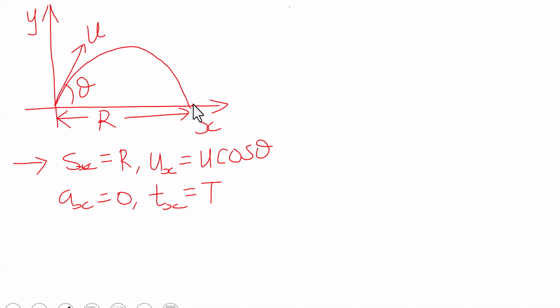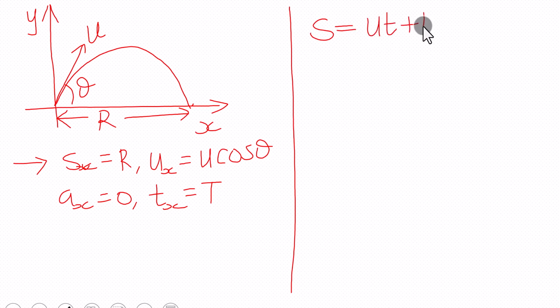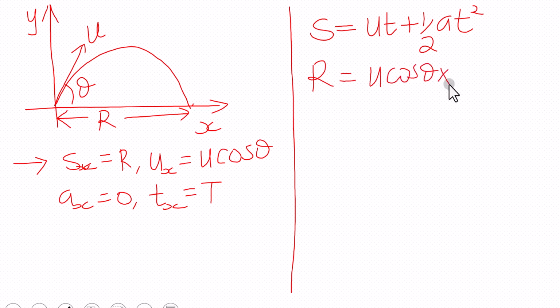So if I substitute this information into the second equation of motion, s is equal to ut plus a half a t squared, I will have s, which is R, equal to u cos of theta times capital T plus a half times 0 times capital T squared.